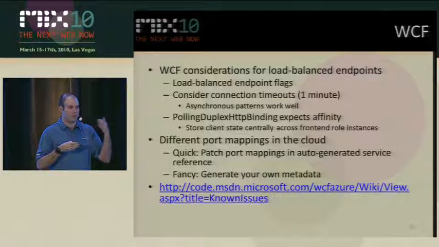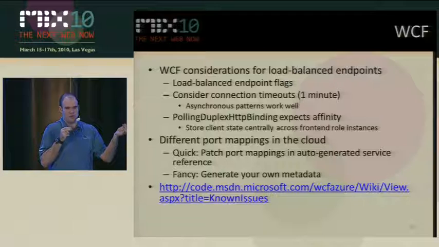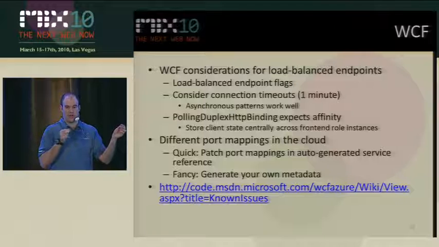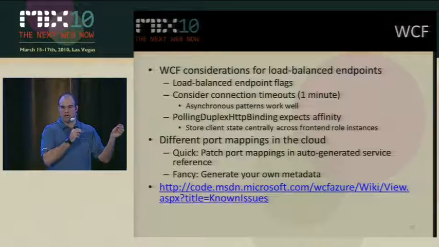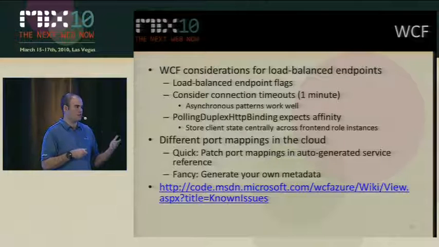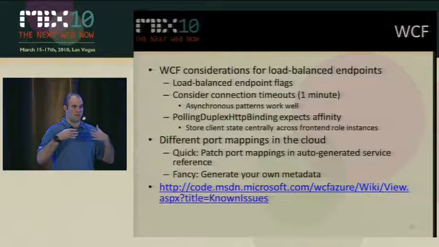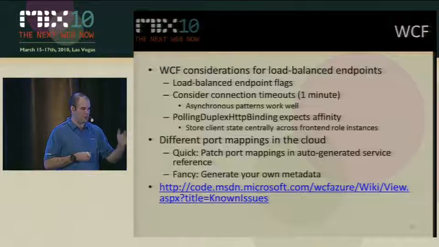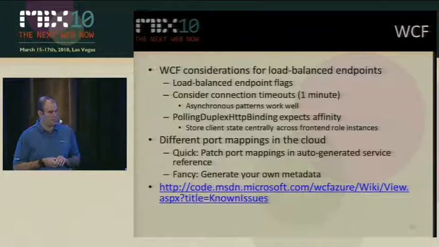And the assumption that this binding has is that there's affinity between the client and the server. And when you go through a load balancer, you won't always get affinity. So if you have more than one role instance on the server side, you might end up hitting multiple server-side role instances, and then it can get confused. So in that case, you need to store your client state locally and have all of the role instances use that same client session state storage. And people have done this, and there are blog posts on it.